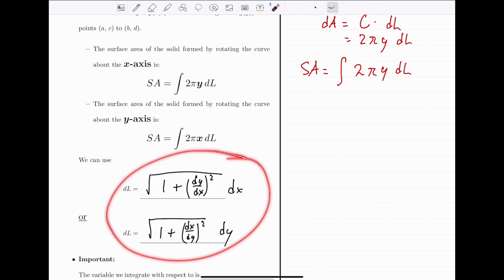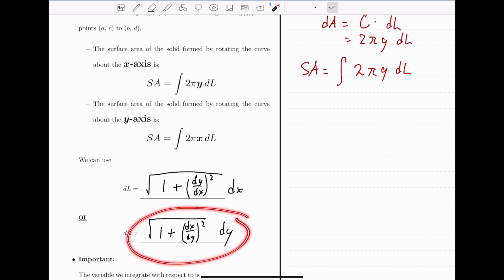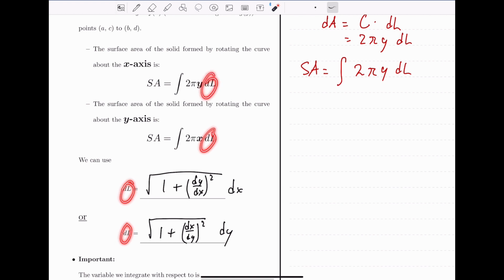Once again, we saw these when we did arc length, and if we integrate with respect to x, we'd use this expression. Integrating with respect to y, we would use that expression. Now, we can use either expression for dl in either of these integrals.